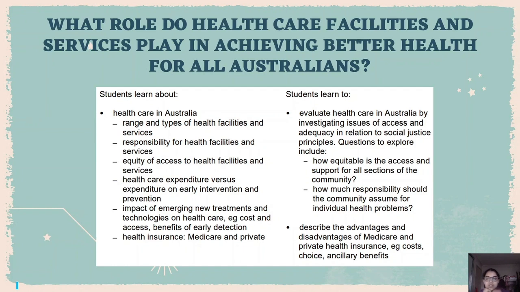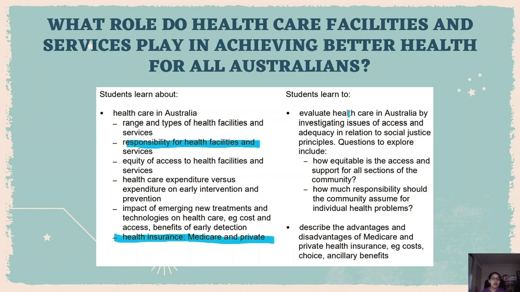So this syllabus dot point looks at healthcare in Australia: the range and types of medical facilities, responsibilities for health facilities and services, equity of access, healthcare expenditure, emerging trends, and health insurance.